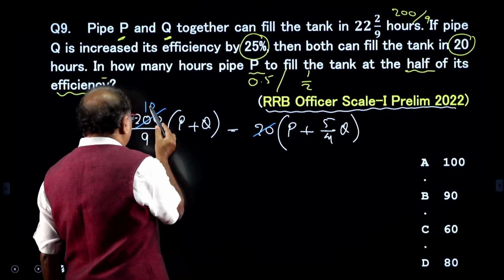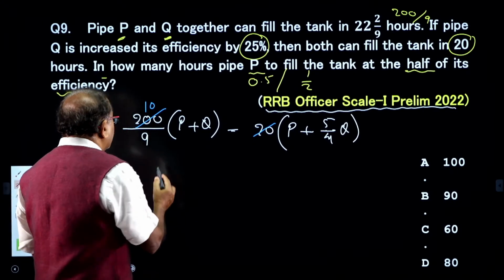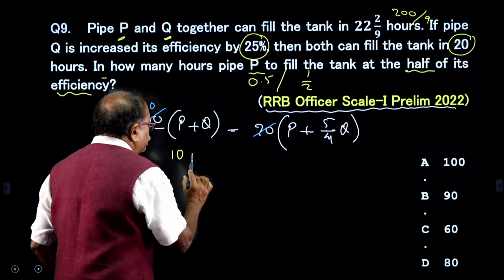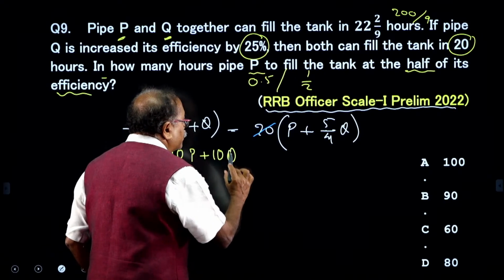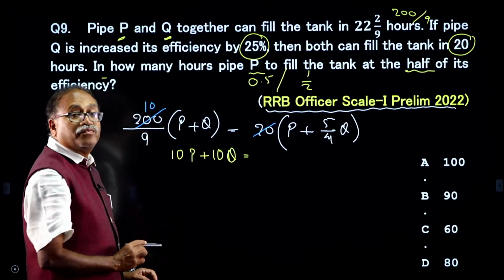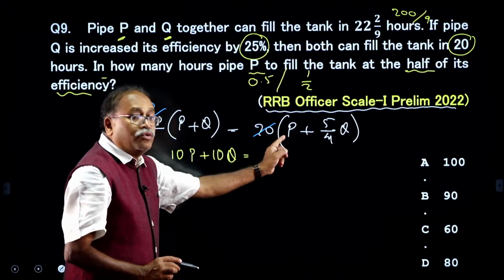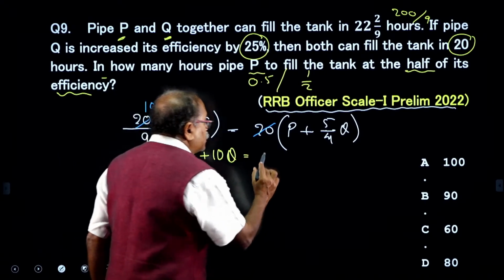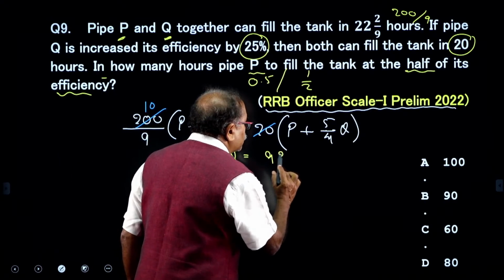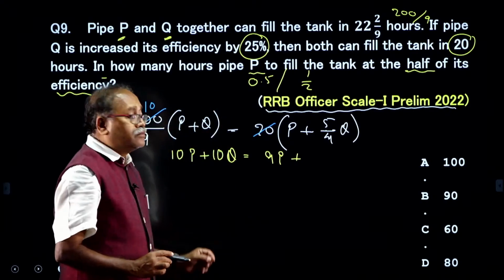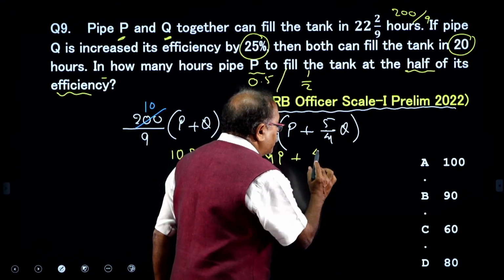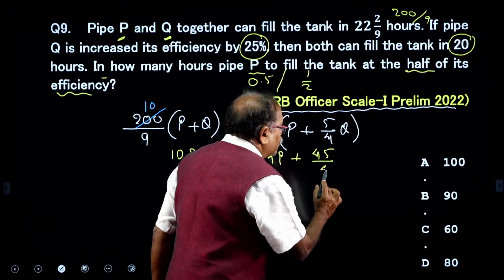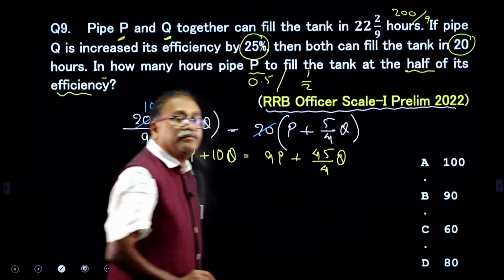This is 10 times, and I am getting 10 P plus 10 Q is equal to, this 9 will go over here, 9 P plus 9 into 5 is 45 by 4 Q.